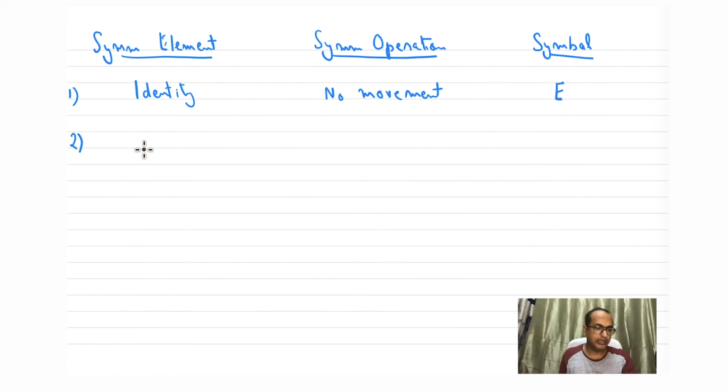Now let's look at the second one. Second is plane of symmetry. The corresponding symmetry operation, yes, you have guessed it right, is reflection through the plane.